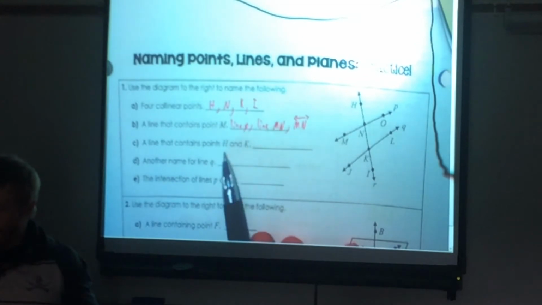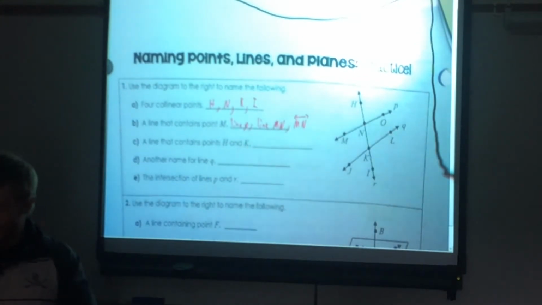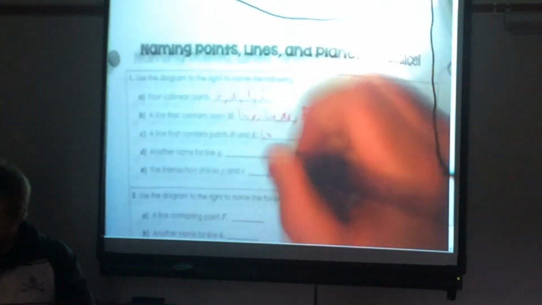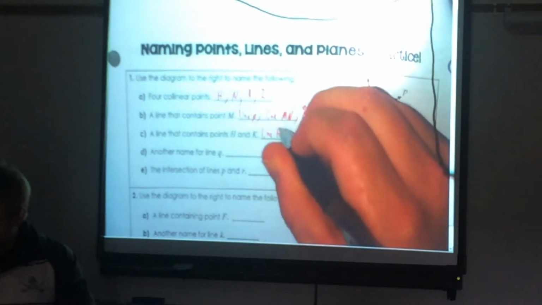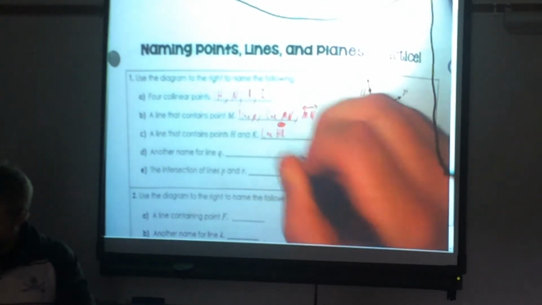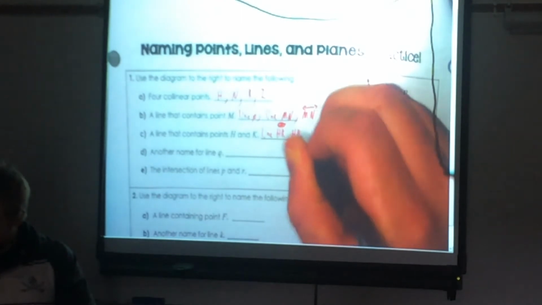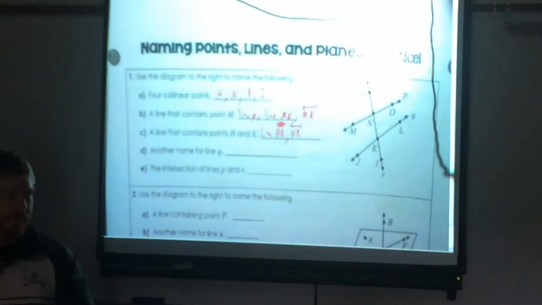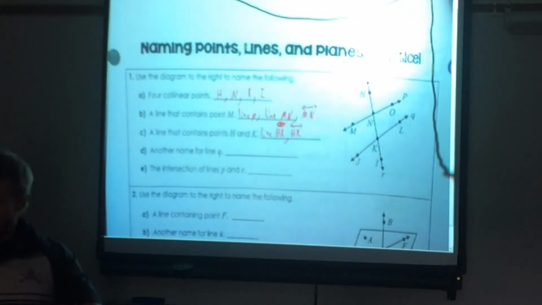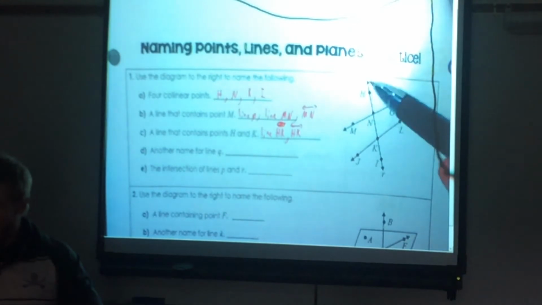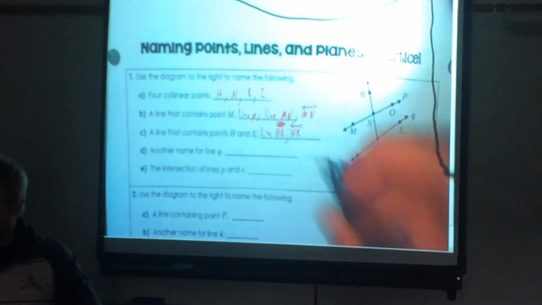Well, if you know that H and K are already on that line, you could just say line HK, or you could say HK with a line with 2 arrows over top of it. You don't have to use H and K. You could have used H and N, N and K, N and I, or anything. But what else could I have named that without using points? The R. Line R, yep.